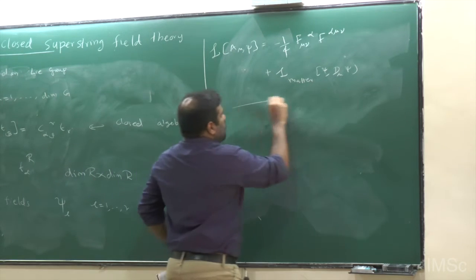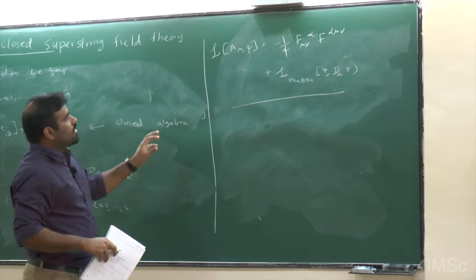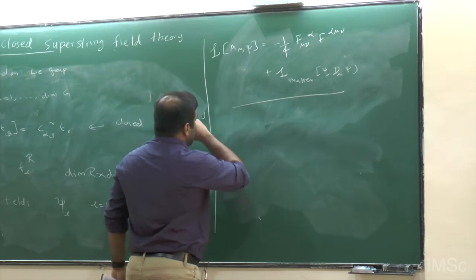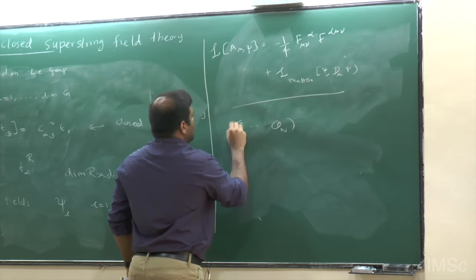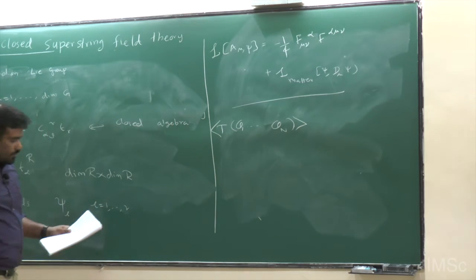So what do you want to compute in this theory? You want to compute correlation functions for a set of gauge invariant operators. So you have gauge invariant operators O1 to On, and you want to compute the time ordered correlation functions.